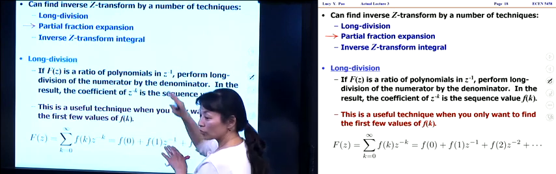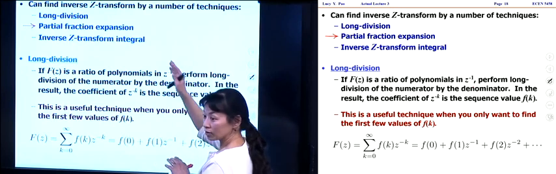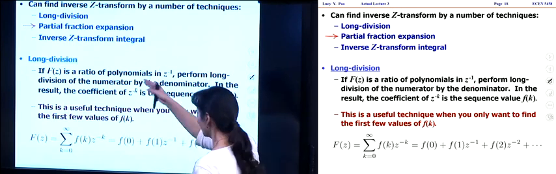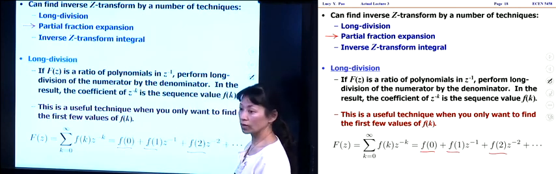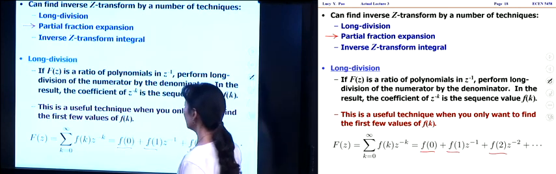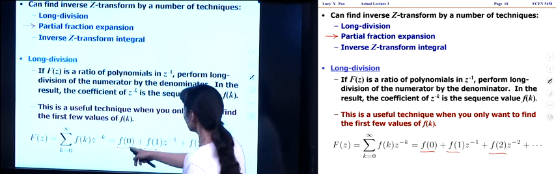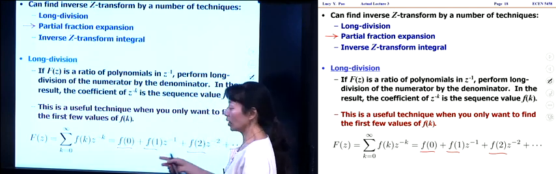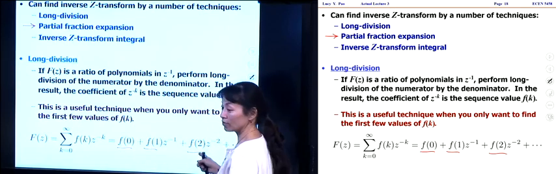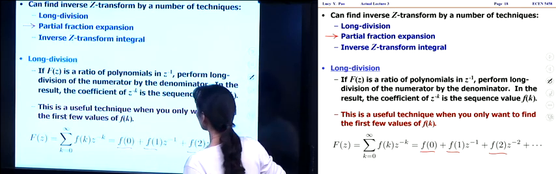As you're performing long division, essentially you're just backing out in sequence the terms in that z-transform definition. Okay? And so if you're only interested in, say, the first three, this long division technique might be a faster way of getting at f of 0, f of 1, and f of 2, rather than doing the whole partial fraction expansion.